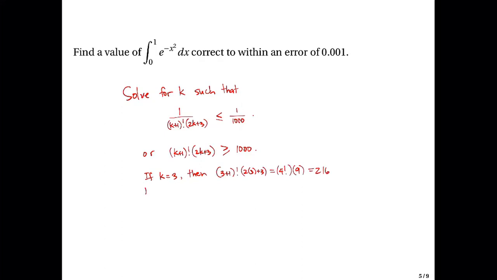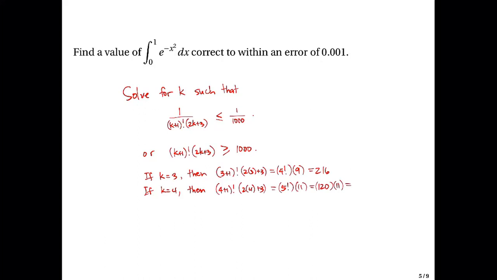If we have k equals 4, let's check this. Then you have 4 plus 1 factorial times 2 times 4 plus 3. So we compute this. You have 5 factorial times 2 times 4, that's 8, plus 3, that's 11. So 5 factorial, that's 5 times 4, 20 times 3, 60 times 2, 120 times 11, and this is greater than 1000 already.